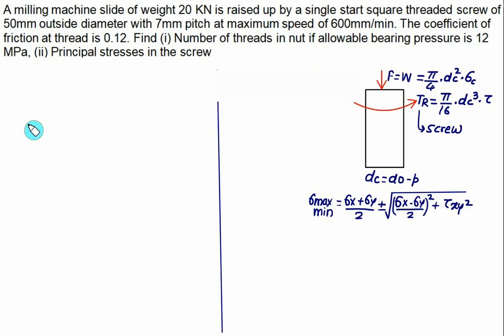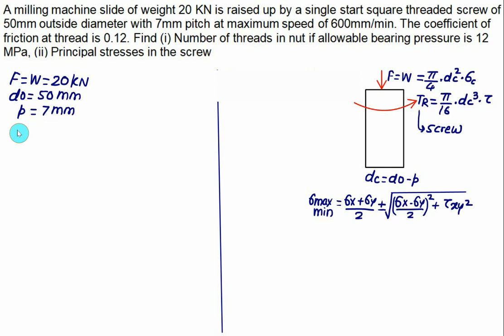In this case we have force F equal to W equal to 20 kilonewton. Outside diameter DO is equal to 50 mm. Pitch is given as 7 mm. We require both DM as well as DC.